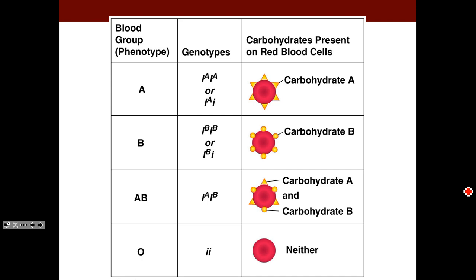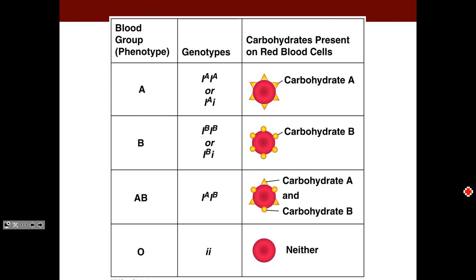I, big A, means you have 2 copies of the dominant A allele, right? I, big A, little i, means that you have 1 copy of the codominant A allele and then 1 copy of the recessive O allele, the no glycoprotein. Does that make sense? Okay. Either one of these will give you a red blood cell with glycoprotein A on it.